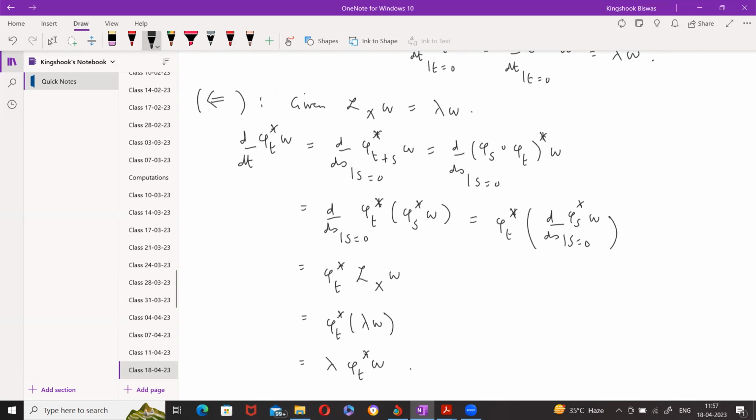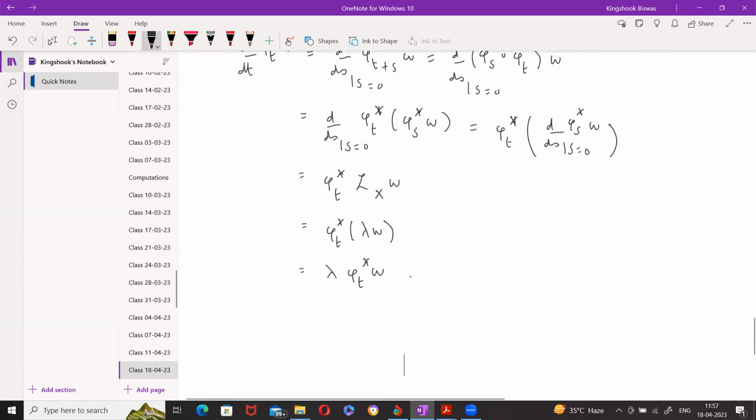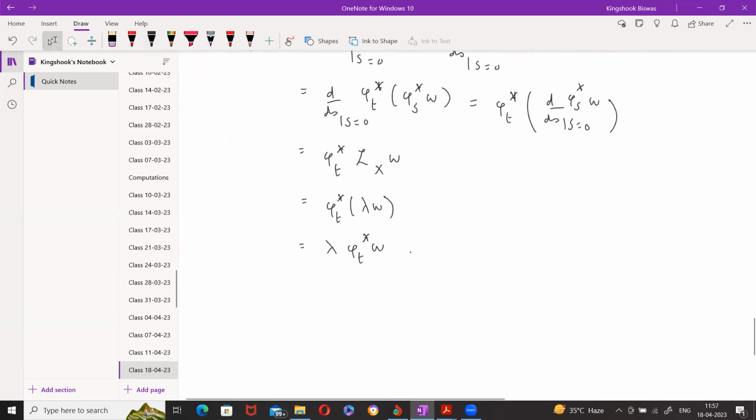So you get what looks like a linear first order ODE, right? For this quantity, phi t star of omega, this is lambda times phi t star of omega. So how can you solve this? By the usual trick, right? You multiply by e to the minus lambda t, right?